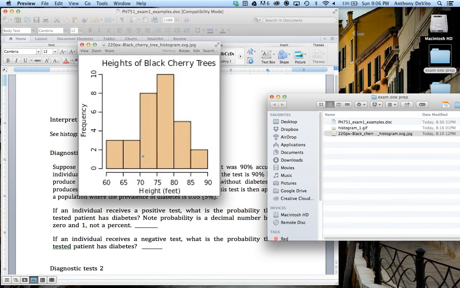So we can count either up from the bottom or down from the top to find which bar the 16th cherry tree is in. First 3 are in here, up to 6 are in here, up to number 14 is in this bar, and the 16th cherry tree is in the bar represented by the height 75 to 80 inches. So the median is between 75 and 80 inches.